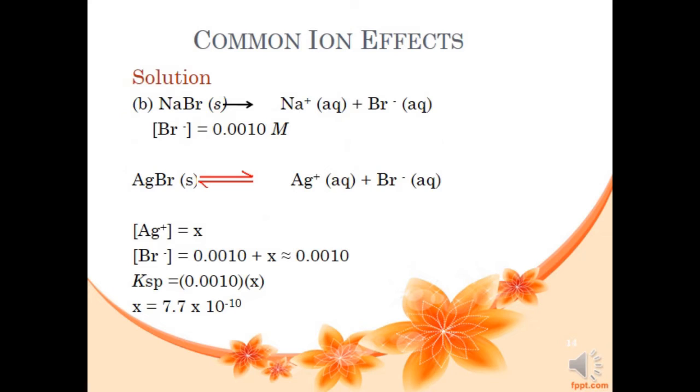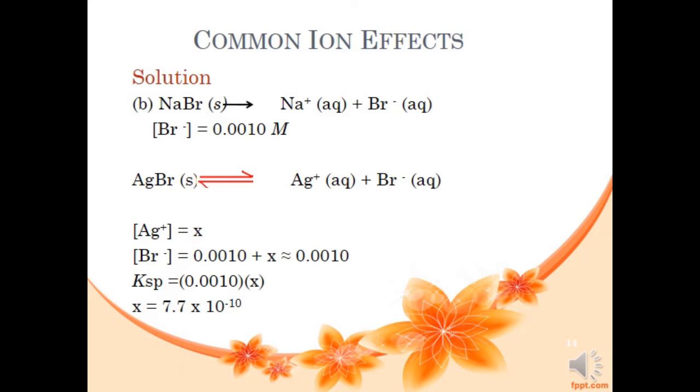So what happened to the solubility of silver bromide when it is added to a solution of 0.001 molar sodium bromide? We write the dissociation of both first, sodium bromide and also silver bromide. So what is the common ion? Common ion, of course, bromide. It will be easier if we also draw an ICE table.